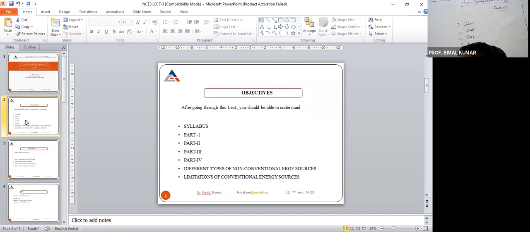The number of electrical appliances is going to increase day by day, and this will increase the load on the existing electrical network.